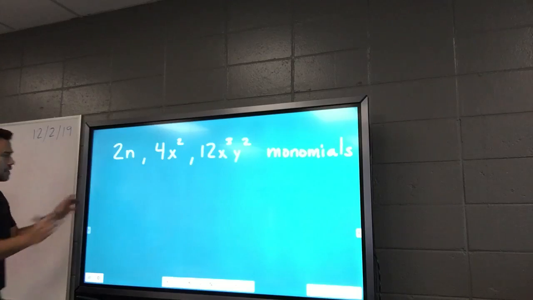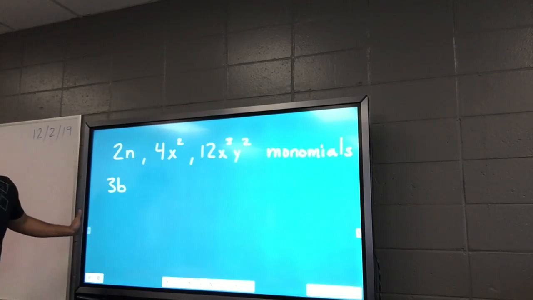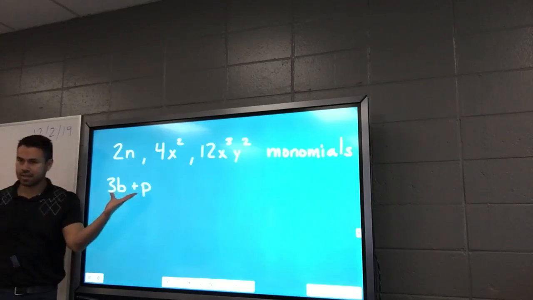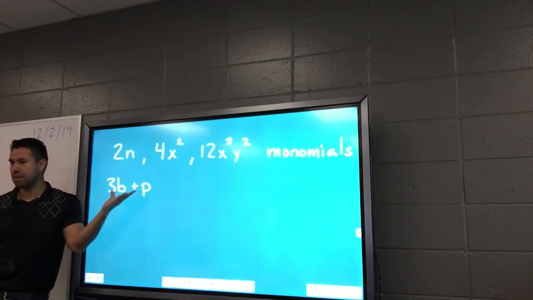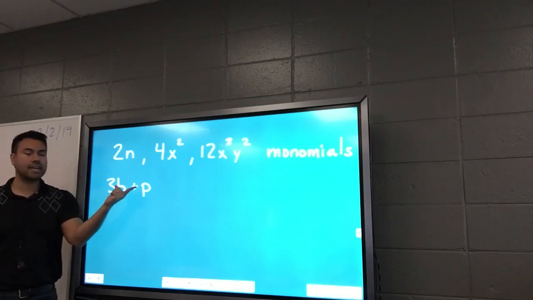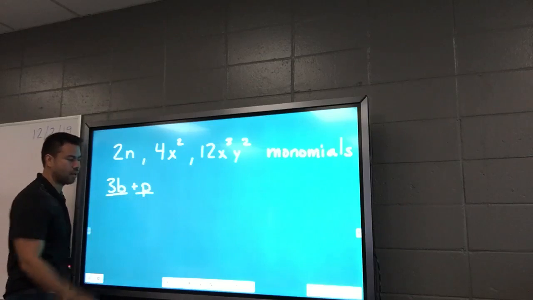Let me give you another example here. This is kind of like a second row. If I had 3b plus p, is that a monomial? No, it isn't. But it is a sum of 2 monomials. So it's a polynomial, right? How many monomials are in here? 2. 1, 2, right?